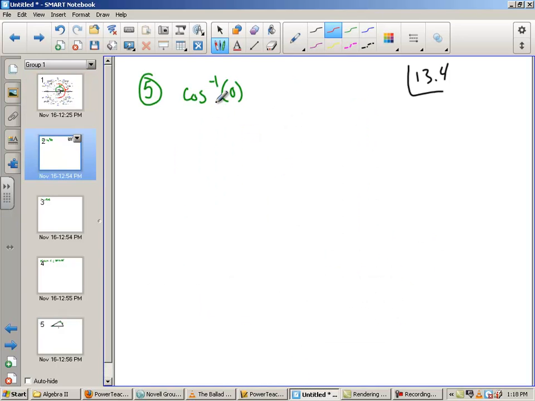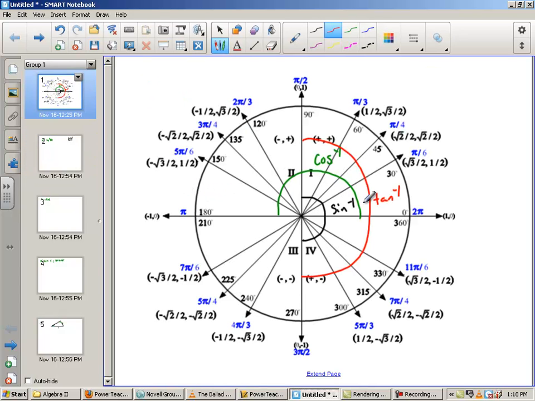So for instance, for number 5, it asks us to simplify, to evaluate what we have. It also asks us to do this both in radians and in degrees, and without using a calculator. So I'm going to go back to this unit circle, and look in the area where cosine is.